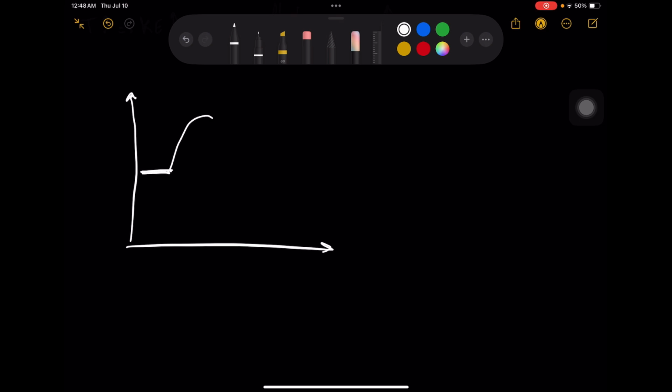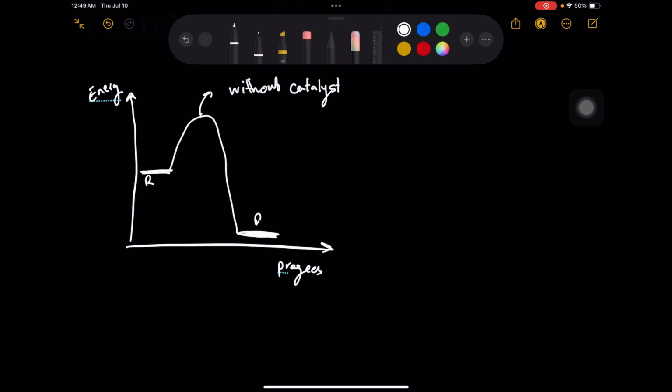And that's how the graph will look, and this is our product. Reactants, products. This is how the without catalyst graph looks like. This is energy here, and this is progress, right? Notice that the activation energy is high.